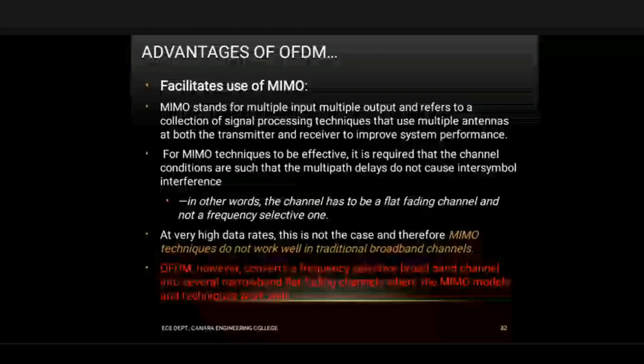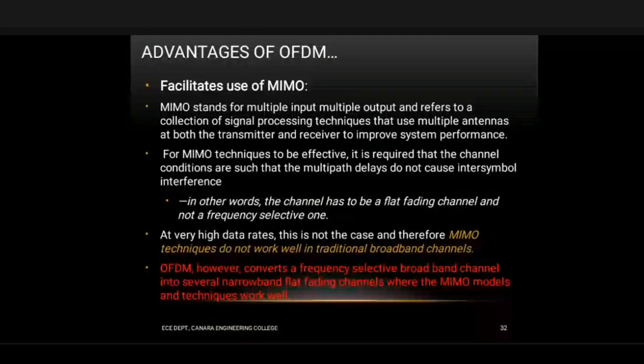So at high data rates, fading will happen. As you increase the frequency, the fading will be more, and it is very difficult to handle, to work with that high frequency and receive the data correctly, because it will undergo lots of fading.